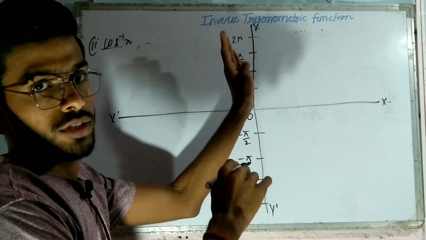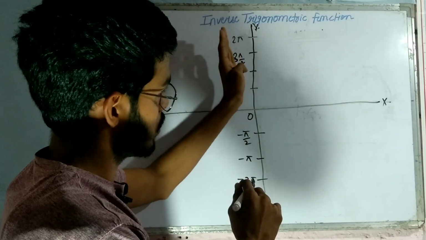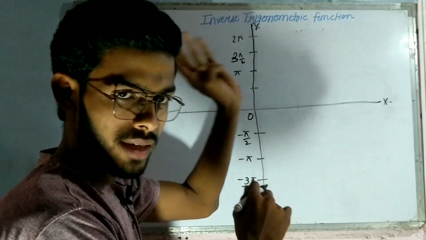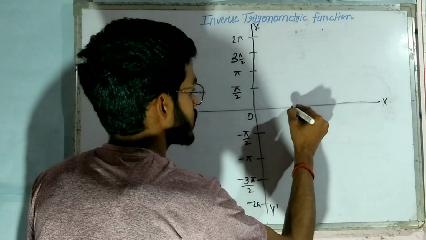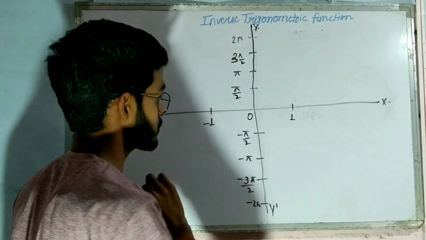And which points lie on the y-axis? They will move on x and negative x. So there is positive one and there is negative one.